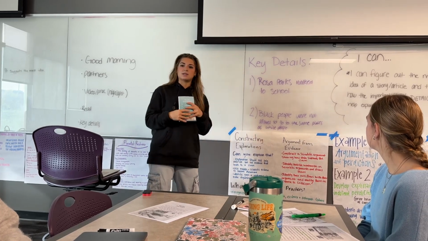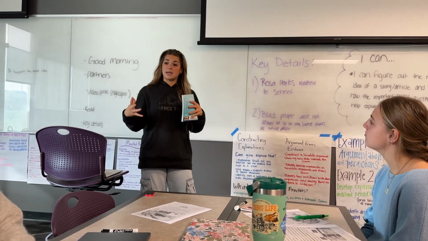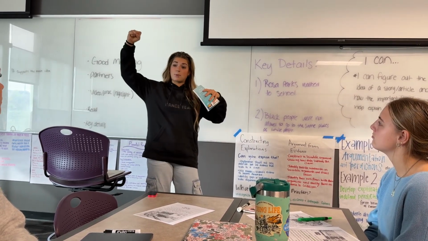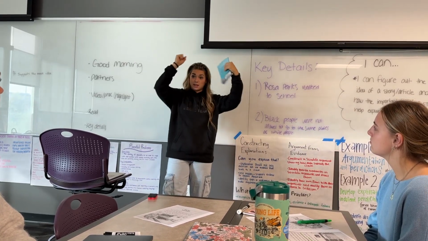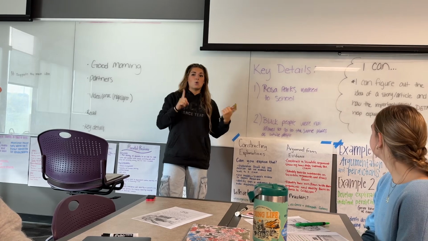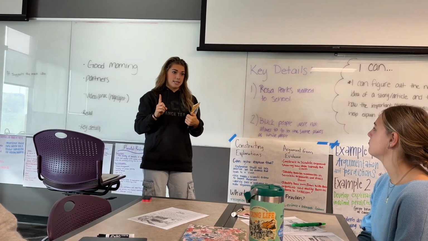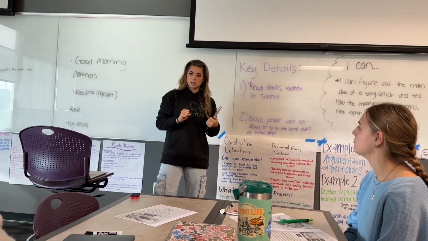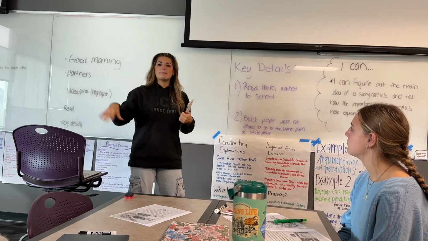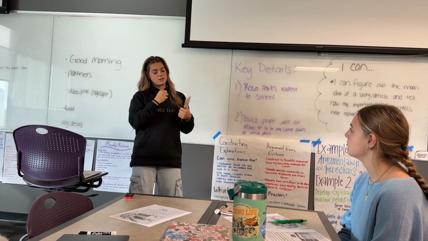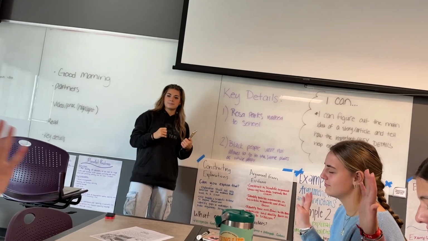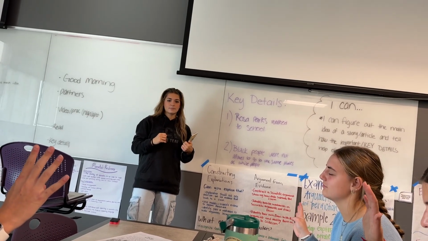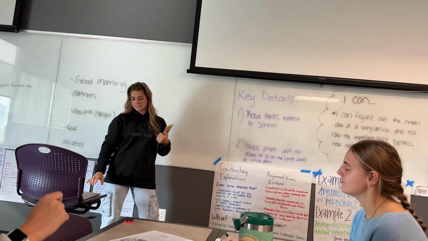Because last unit, if we remember, we went through the main idea and how that's the big important part of a story, right? Now these are the things that support it or find it, okay? So one is like, I'm not really following this, and that's totally okay. And a 5 is like, I'm a master, I could teach this already. So I'm just gonna have you close your eyes and then go ahead and put your fingers. Awesome. Go ahead and put those hands down.